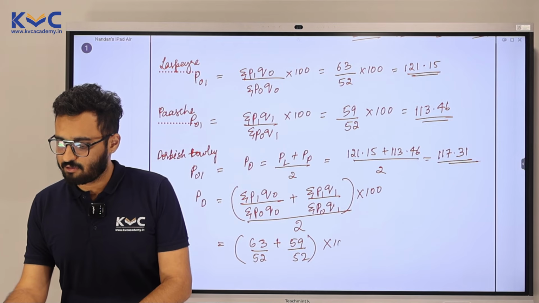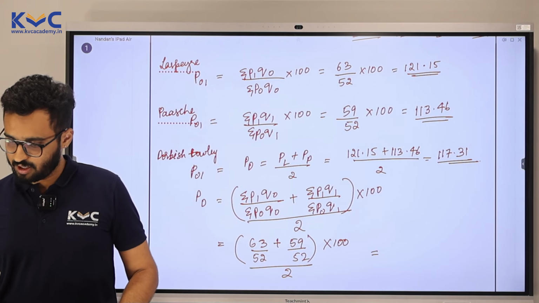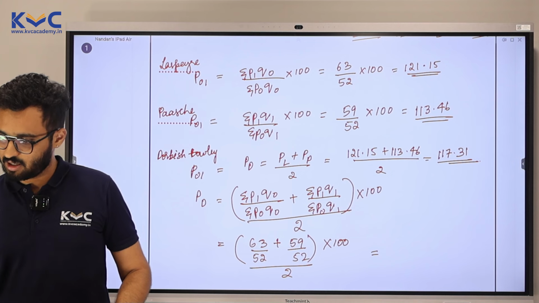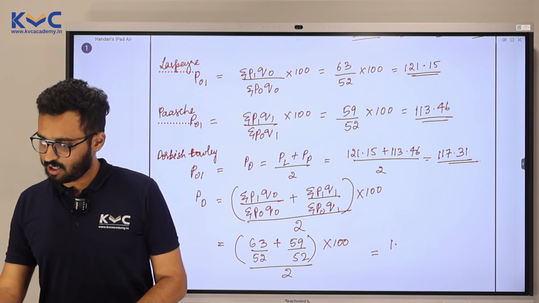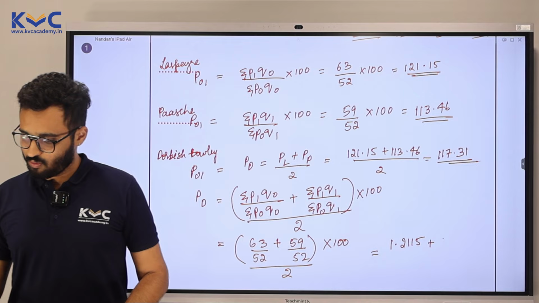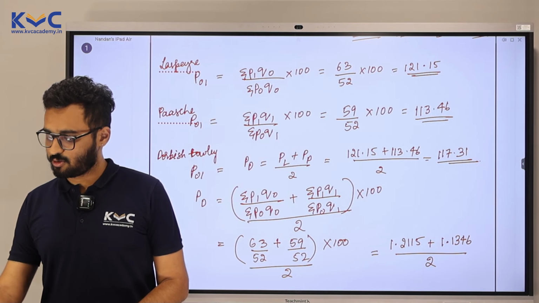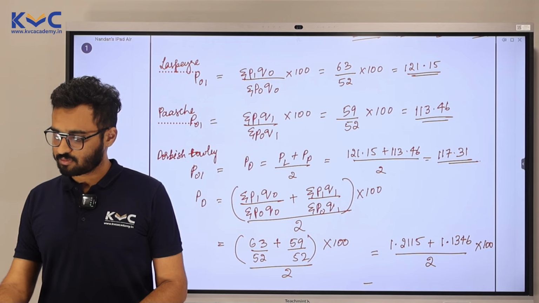Into 100 divided by 2. 63 divided by 52 is 1.2115 plus 59 divided by 52 is 1.1346, divided by 2 into 100.